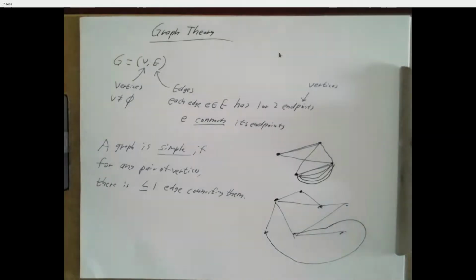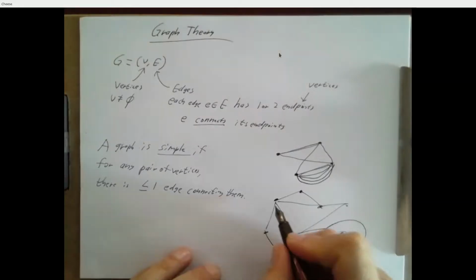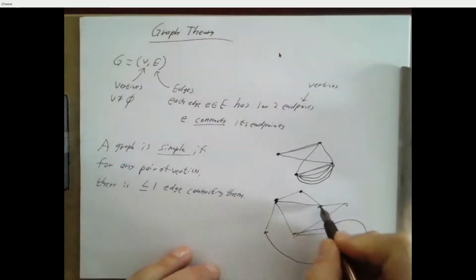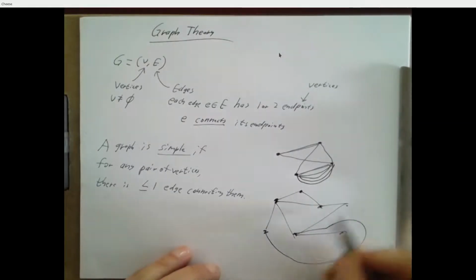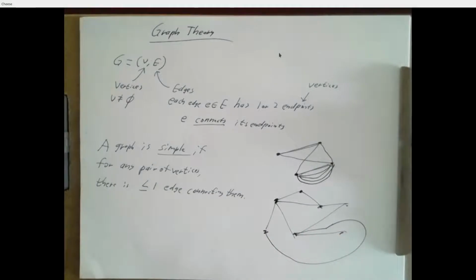This could be a map of city streets, right? These could be crossroads, and these are roads connecting them, or these could be cities, and these are airline routes connecting different cities, right? There's all kinds of things that we can represent with a graph type structure.